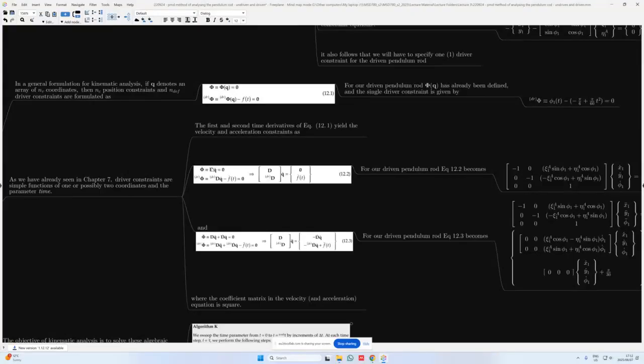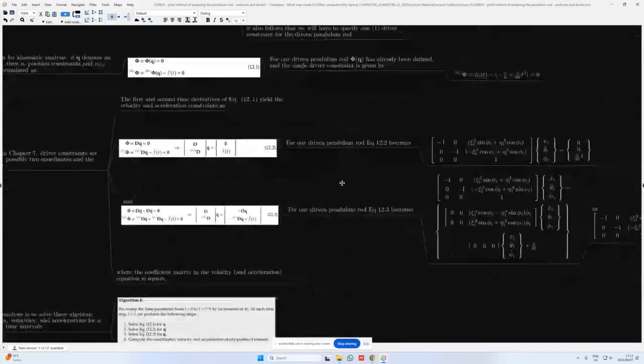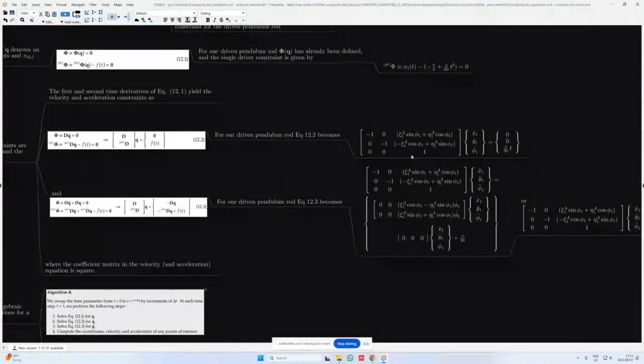There is a difference between the two, so just take note of that. And then we simply have minus f dot t, the time derivative of our driver function. Over here, we just have the extended form with regards to the local and global coordinate systems that we define in these matrices.